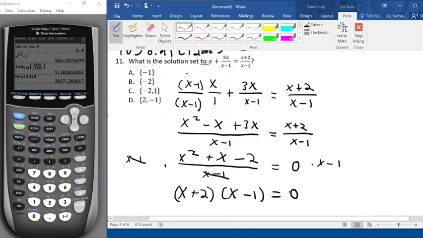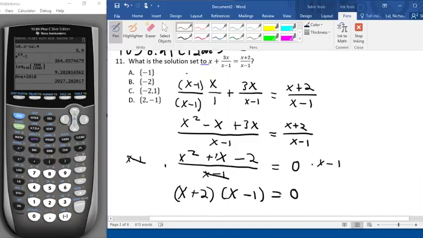And the reason why is because 2 times negative 1 is negative 2, and 2 plus negative 1 is positive 1, because remember that's a 1x.